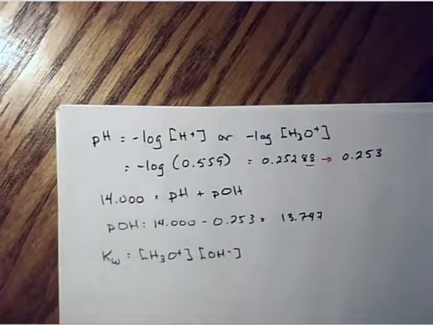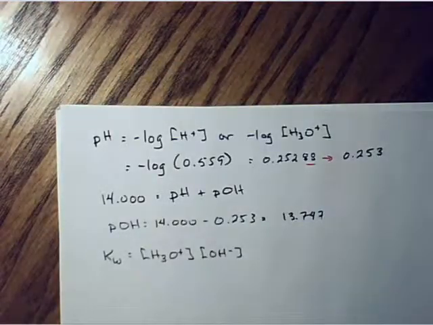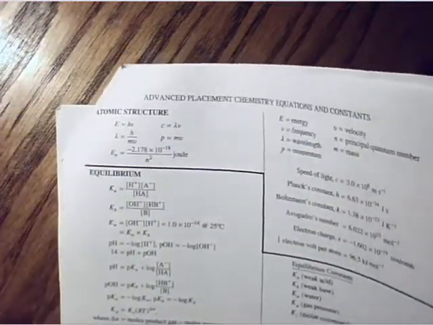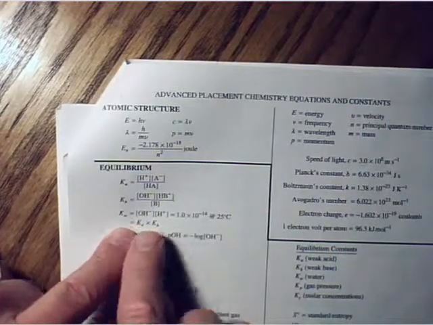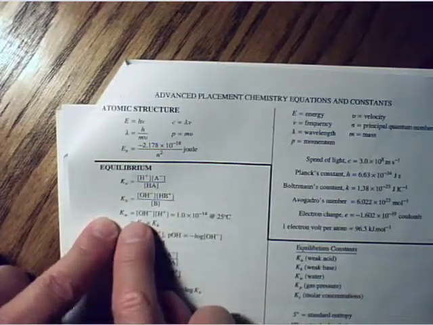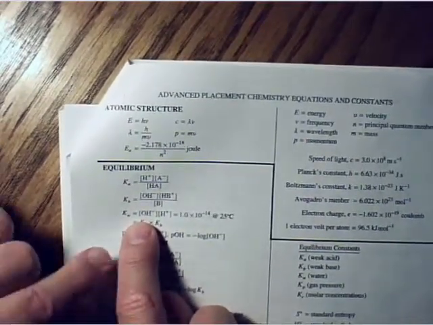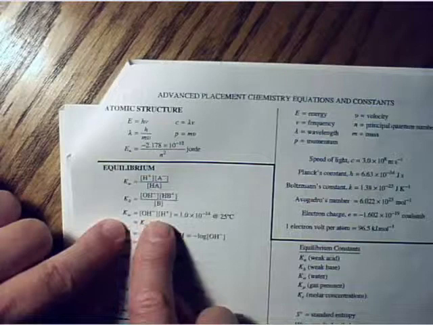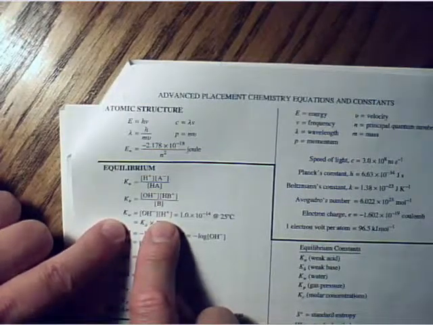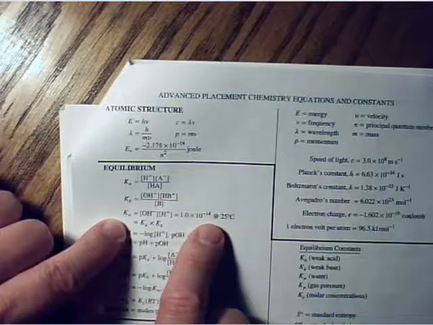Let's look at the test references, because these list this a little bit differently, and I want to make sure we're as clear as we can be. Okay, here it is. This test reference says Kw is equal to the hydroxide ion concentration times the hydrogen ion concentration, equal to 1.0 times 10 to the negative 14.